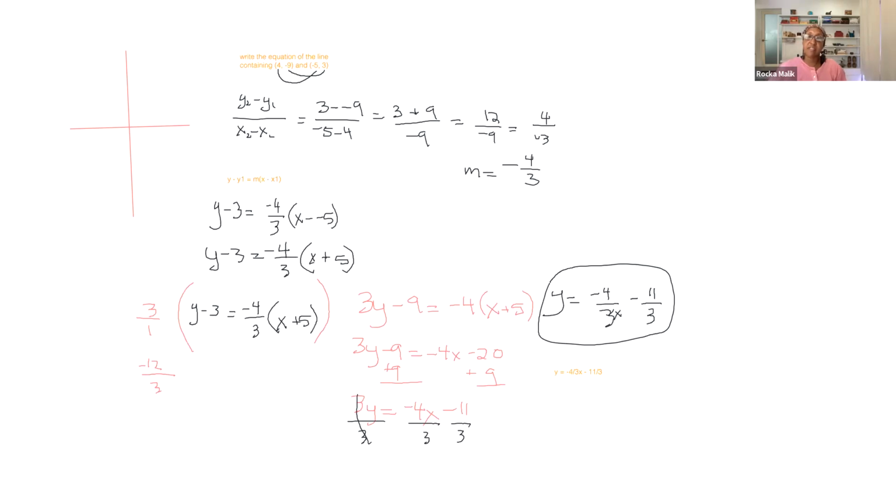I look at it, I can see what my slope is. My slope is -4/3. So if I did have to graph it, I would expect my graph to be going down because it's negative. And then this is my y-intercept, which means when x is 0, I know y is going to be -11/3.